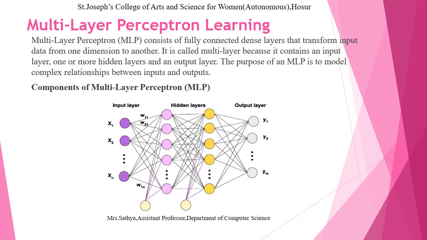The next one is multi-layer networks. A multi-layer network contains one or more hidden layers. It is called a multi-layer perceptron, or MLP. Hidden layers allow the network to learn complex non-linear relationships.